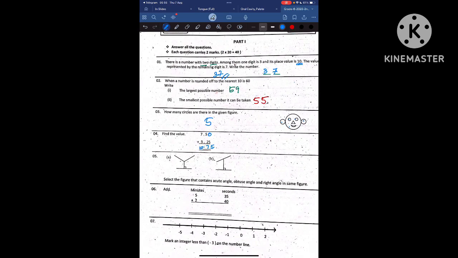Select the figure that contains the acute angle, obtuse angle and the right angle in the same figure. Acute angle, now I'll give you a minute. Tell me what is acute angle. At least if you are not saying, think about it. What is acute angle?